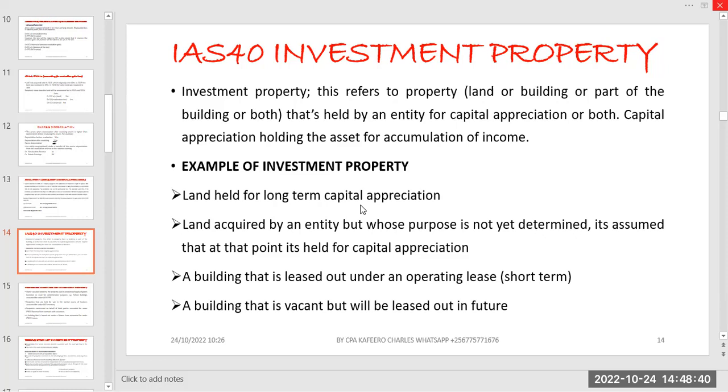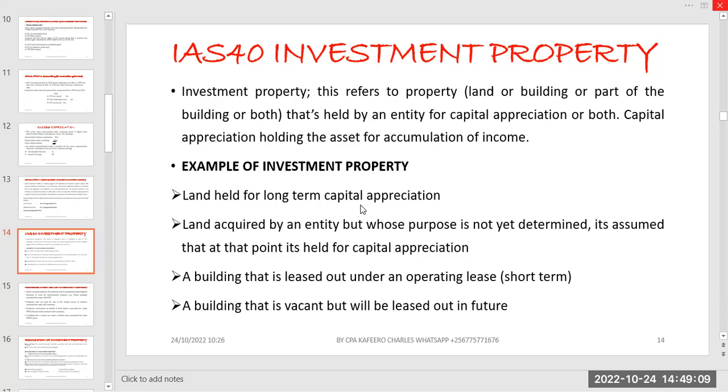But investment property is mainly focusing on those assets that are tangible in nature, owned by the organization, and only responsible for generating rental income. Secondly, they are set aside for capital appreciation.